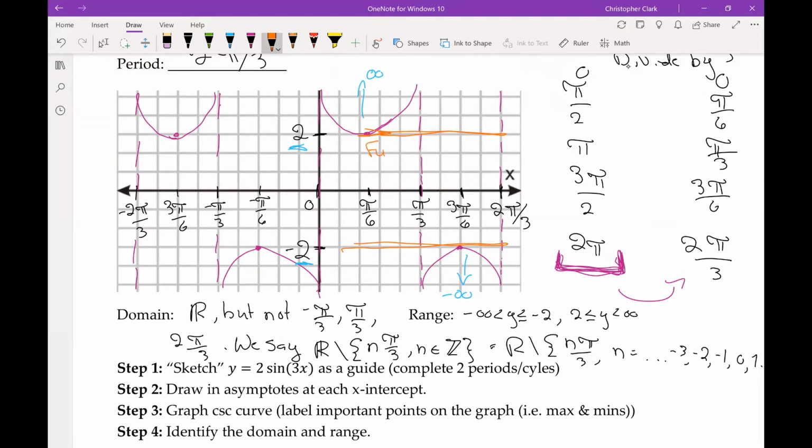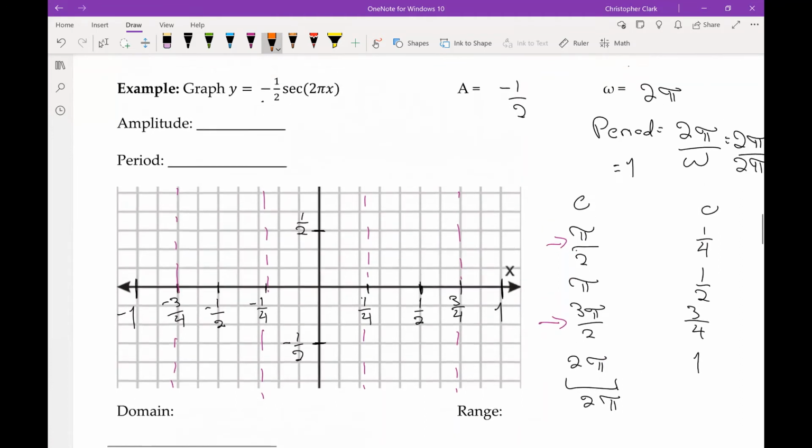So the function can't get to these y's. So that's the idea: the function can't be in this block right here in between 2 and negative 2. Now, of course, it can equal negative 2 and it can equal positive 2. That's why we have these greater than or less than or equal to, right? Because it can actually be both of those. It just can't be anything between them.